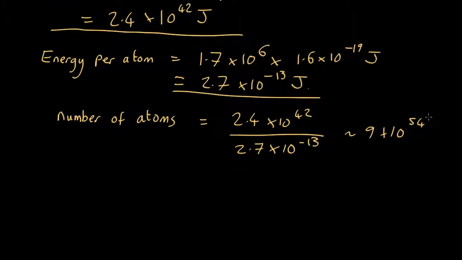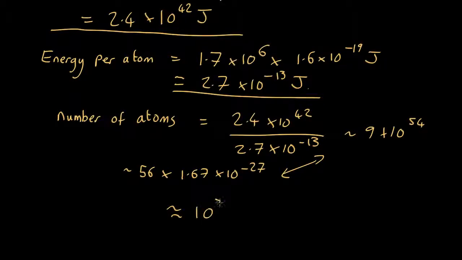But each atom weighs around 56 times the atomic mass unit. So you multiply this by that, you end up with about 10 to the 30 kilograms as your total mass.